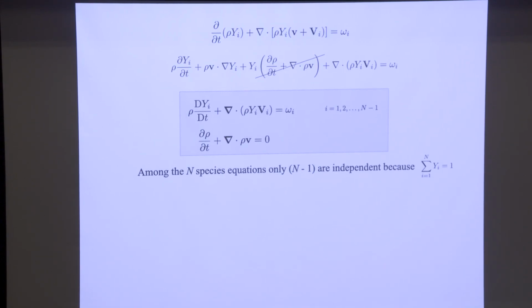So you cannot in practice solve both of these equations because there is a redundancy. If you use the total conservation of mass, you use only n-1 of the species equations. Otherwise you may get some inconsistency in your calculation. It can be used as a verification, but not other than that.